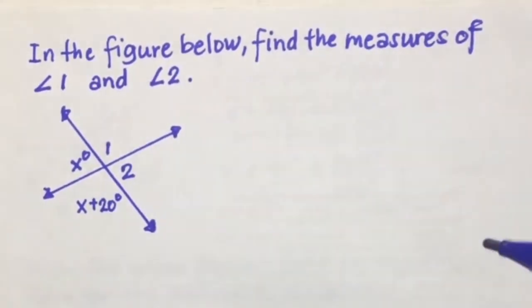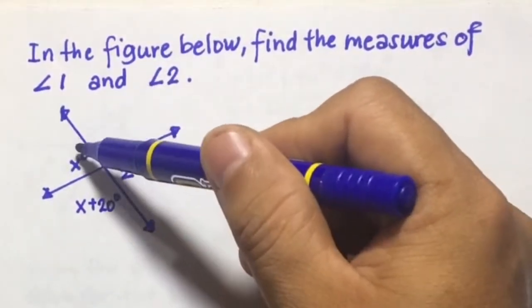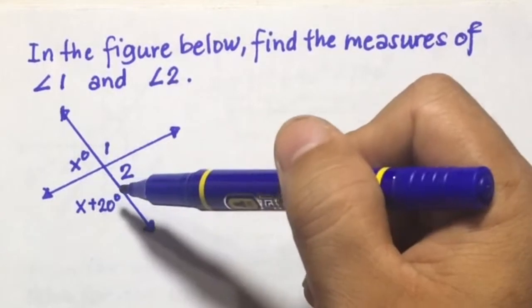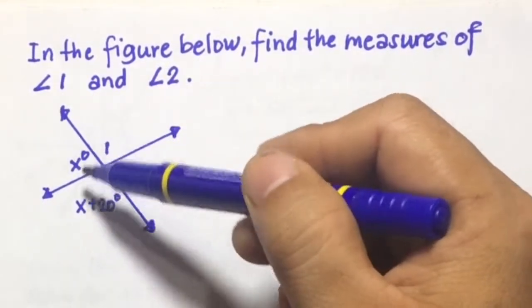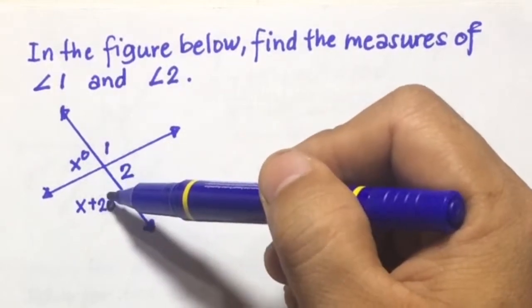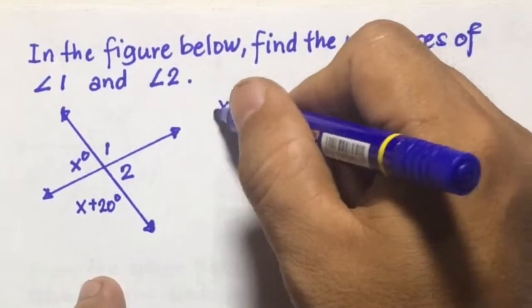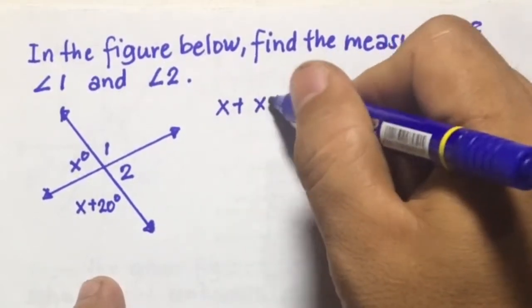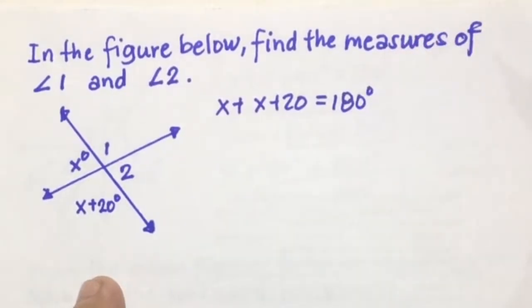Now to find the answer for this problem, we're going to solve x and x plus 20 first. These two angles here form a linear pair, meaning the sum of their measures will be equal to 180 degrees. So we can have x plus x plus 20 equals 180 degrees.